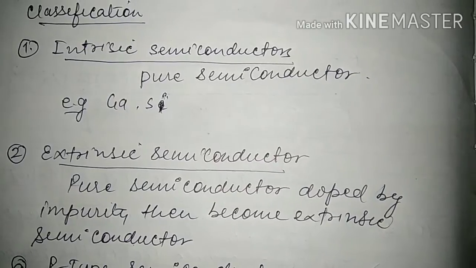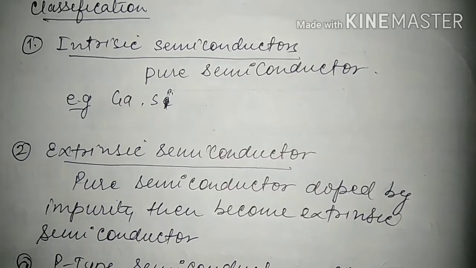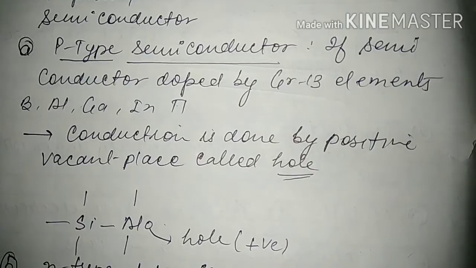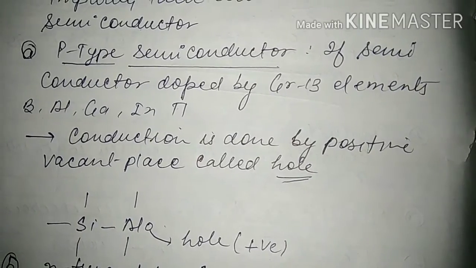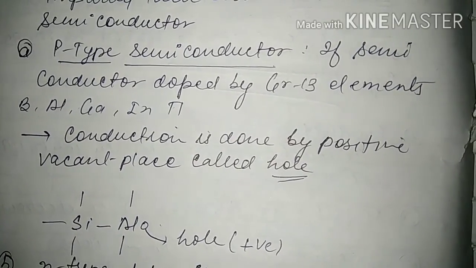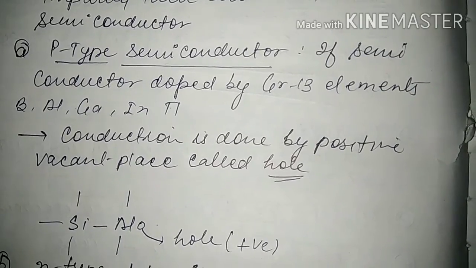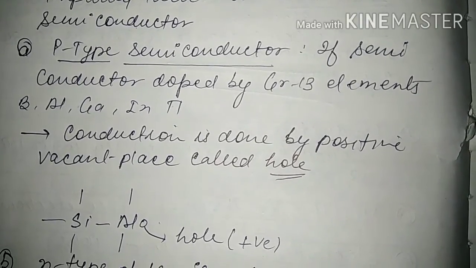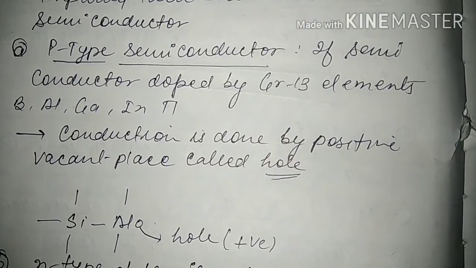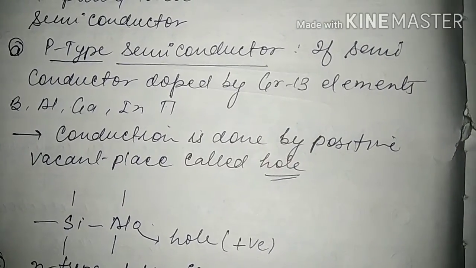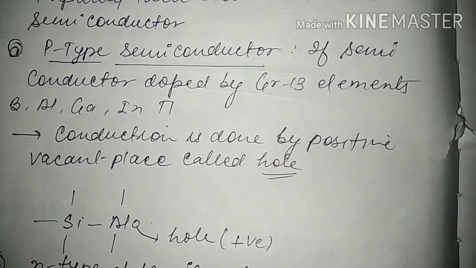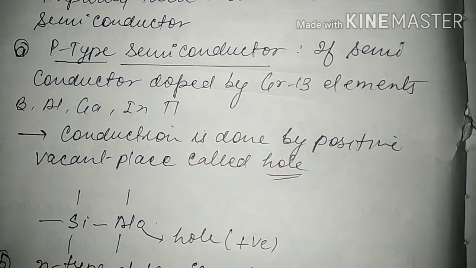So there are two types. First one is a p-type semiconductor. It means the semiconductor is doped by group 13 elements, meaning boron, aluminium, gallium, indium, thallium, and so conduction is done by a positive vacant place, which is called a hole.